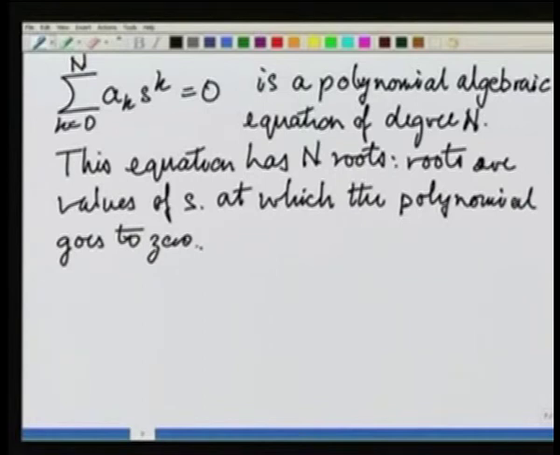Right. So, since there are n roots, let us name them S1 to Sn.